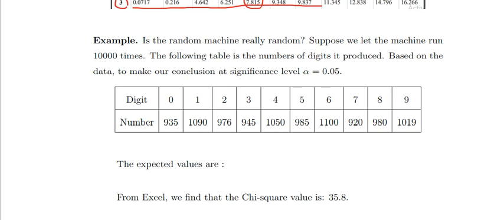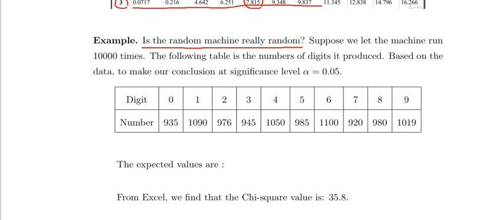Now let's consider a problem: is the landing machine really random? We discussed those problems before, right? We just compared two percentages. To answer this question, we can focus on one percentage.